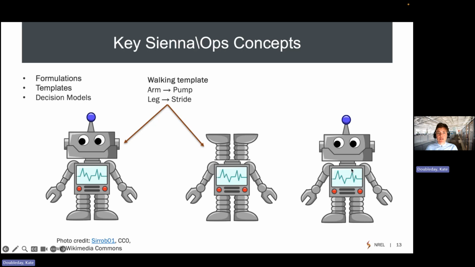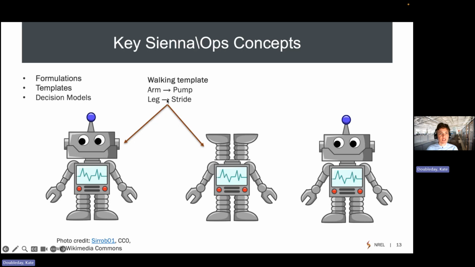So to review, in Sienna Ops, we first import data using Sienna Data, using PowerSystems.jl to define a data set. We then use PowerSimulations.jl to define a behavior template, which includes the formulations of behavior for each type of component in the system. We then combine the data and behavior to get different decision models that result in different outcomes.